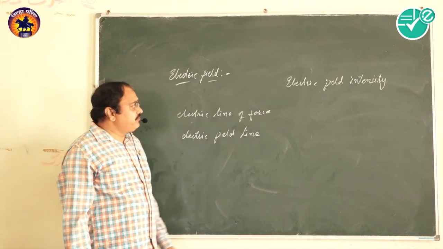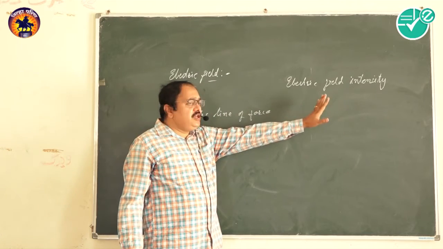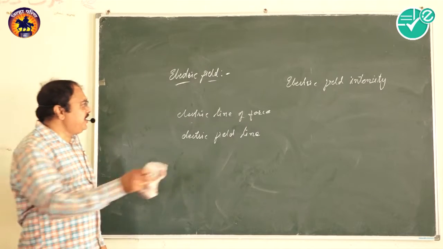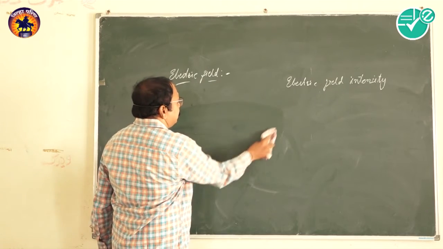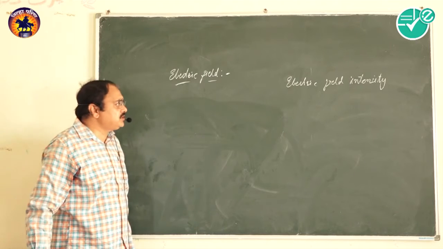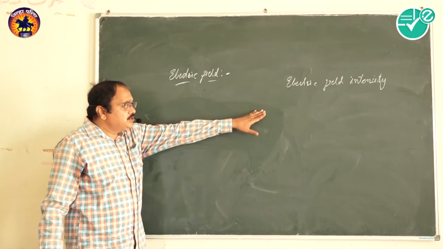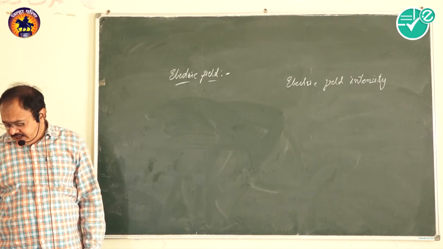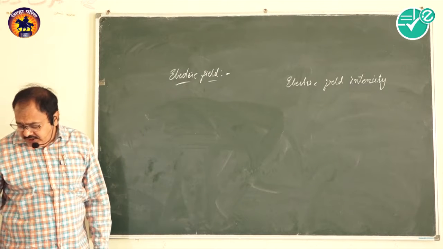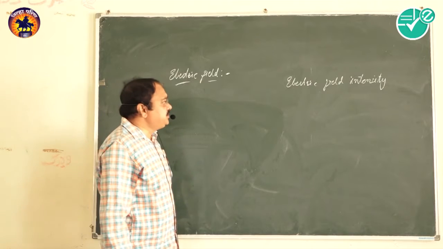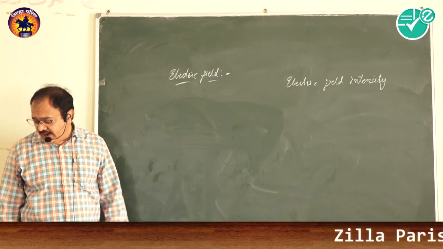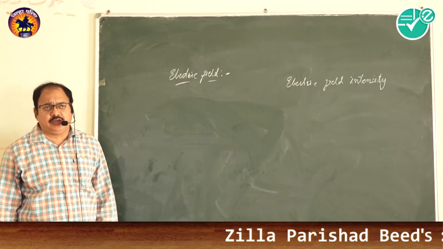For the representation of electric field intensity, we have to specify a certain point placed in the field, and we have to calculate how much electric field is there. So electric field intensity can be defined as the electric intensity at a point in the electric field, defined as the force acting per unit charge.